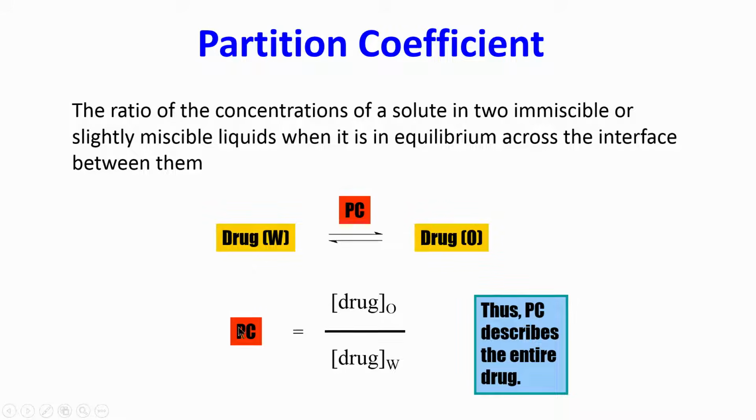So, the partition coefficient of the drug will essentially be the concentration in the oil divided by the concentration in water. The PC is a property of a drug, it is not going to change with the amount of the drug. For a molecule X, the PC will remain constant regardless of the amount and things like that.